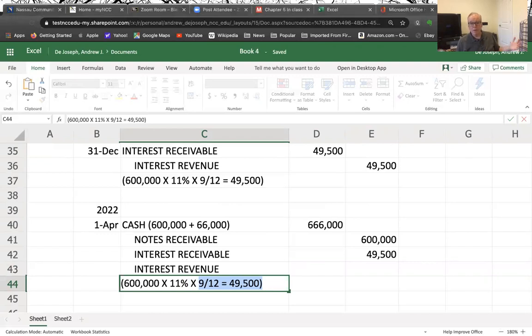Remember, it was a 12-month note: 9 months in 2021, 3 months in 2022. 3 over 12 is 1/4. That comes out to $16,500.